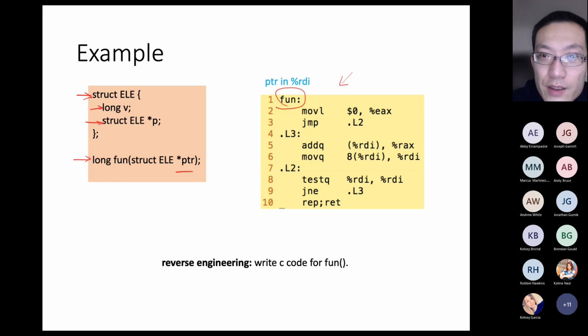It seems like we move 0 to EAX. We can draw here: we have EAX, which we put 0 in, and we jump to L2. L2 is testing RDI with RDI itself.